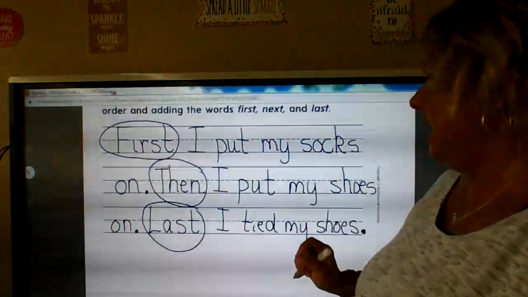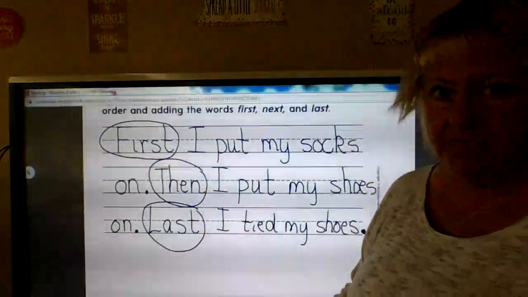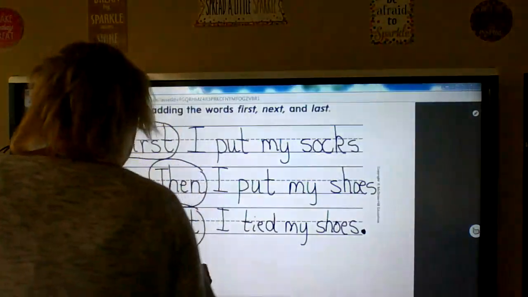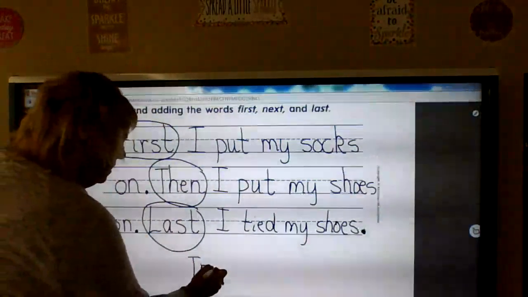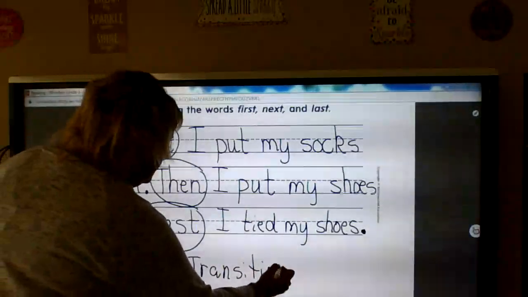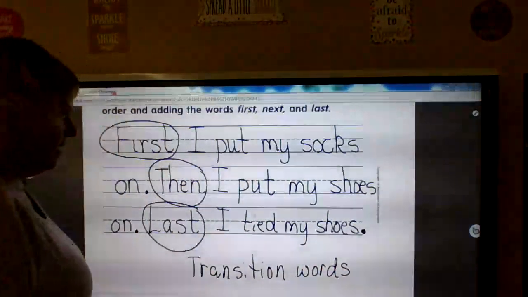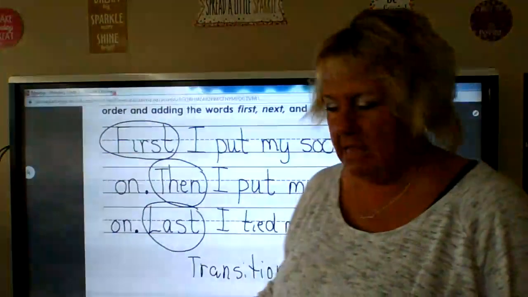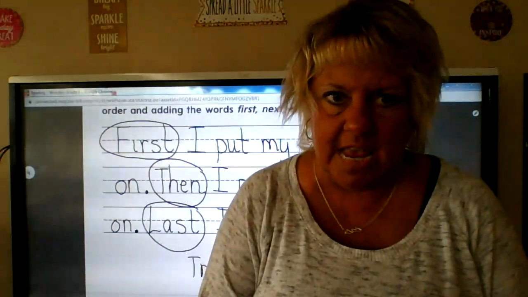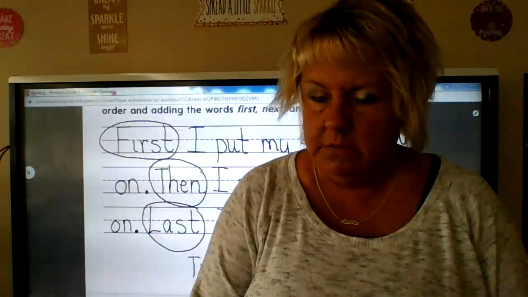First, I put my socks on. Then I put my shoes on. Last, I tied my shoes. First, then, and last. Those words are called time order words or transition words. They're very important when you write. Otherwise, people won't understand what you're trying to say or what you're trying to write. Okay?